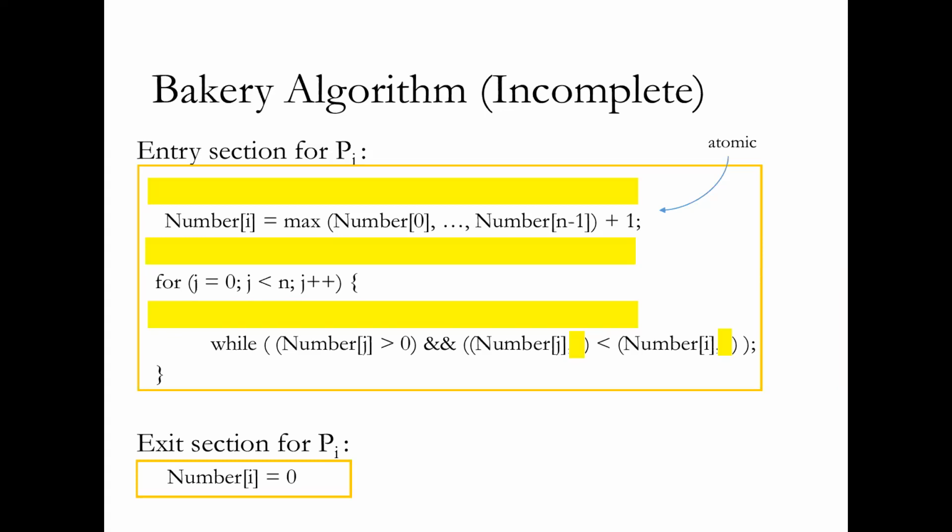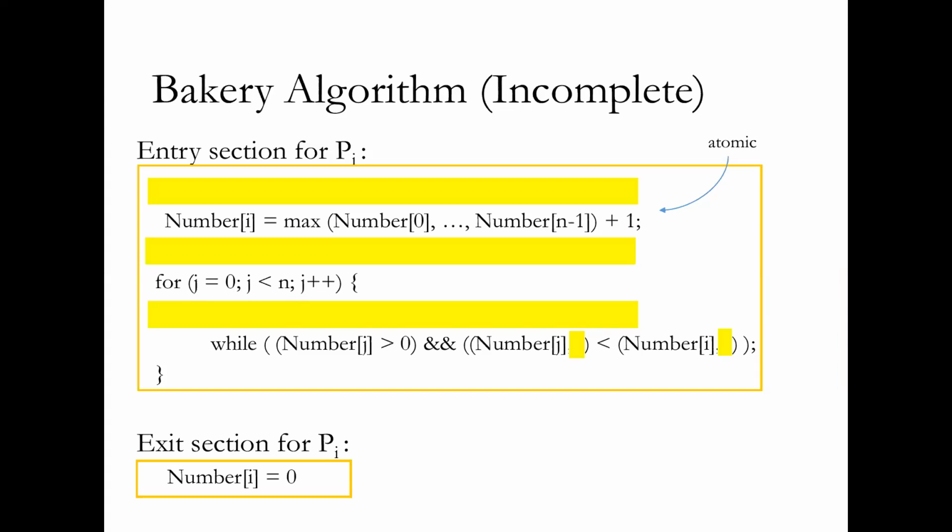Okay, and the second condition is number j is less than number i. My number is number i, and the other task has number j. So I'm scanning all other tasks in the system. If their number is less than my number, so if their ticket is before me, then they should go first, and I'm going to be waiting.